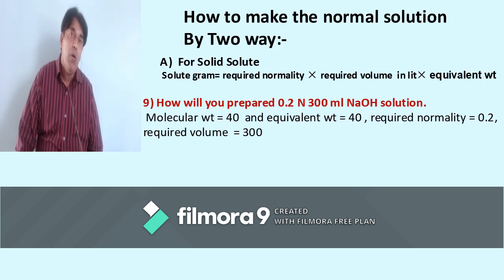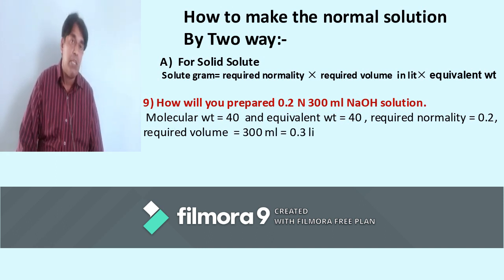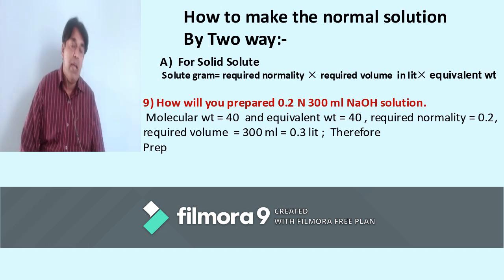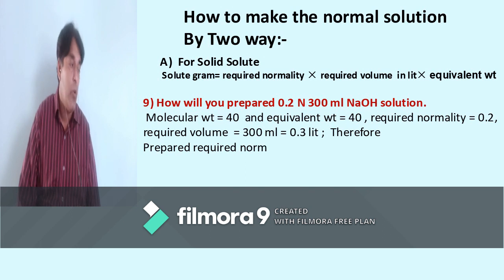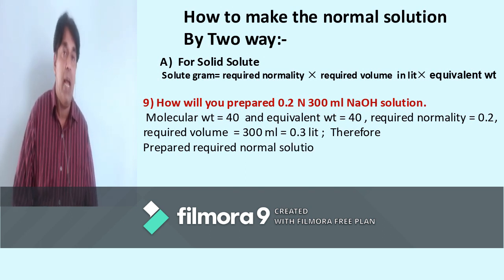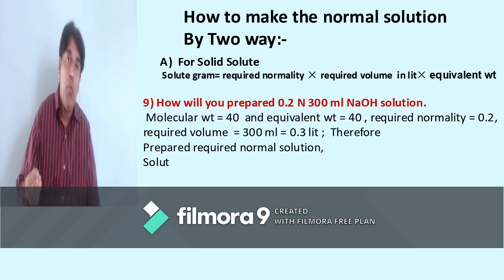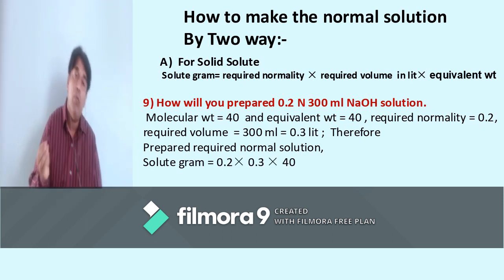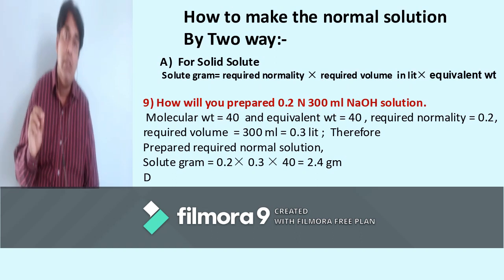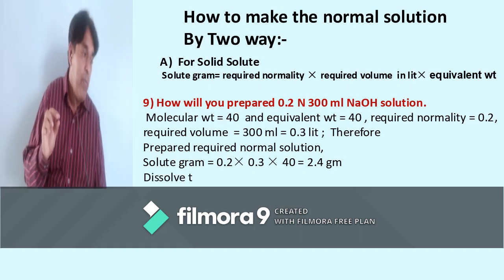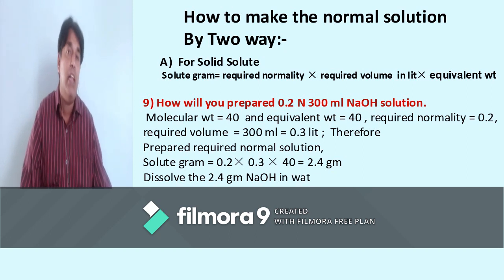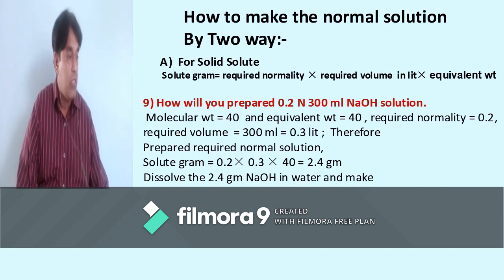Therefore, by using the above formula, solute in grams equals the required normality 0.2 multiplied by required volume 0.3 multiplied by 40, that is equal to 2.4 grams. Means take the 2.4 grams in the minimum amount of water, then make up the volume of the water to 300 ml. This is nothing but the 0.2 normal 300 ml NaOH solution.